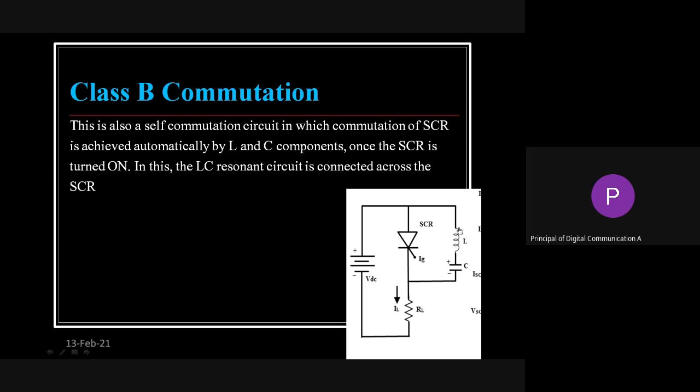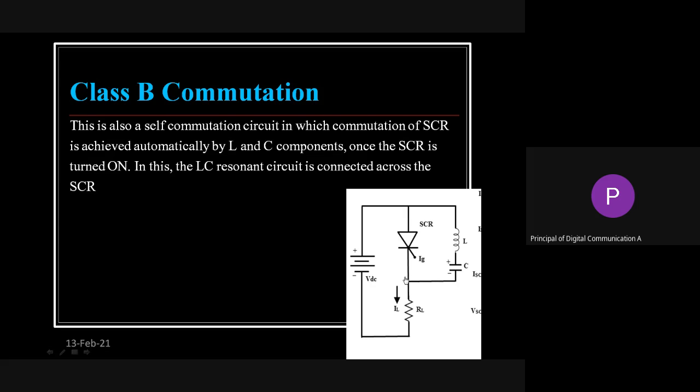L is storing the energy, and when C is fully discharged, it will change the polarity, plus to minus and minus to plus, and it will charge the capacitor once again, but with reverse polarity, that is a minus voltage.